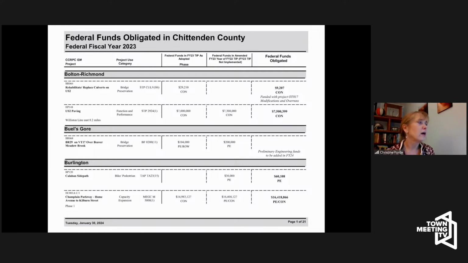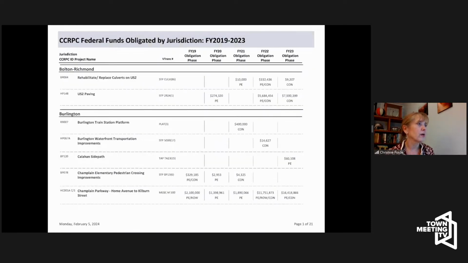This first note on the first project, that says funded with project OT017 modifications and overruns, means there is a regional item called modifications and overruns that's there for projects that have been completed, but they're still incurring some cost for final issues with the contractor or some other things. These are usually small amounts of money that are just applied to those projects. If you have any questions looking through it, I'm happy to answer them.